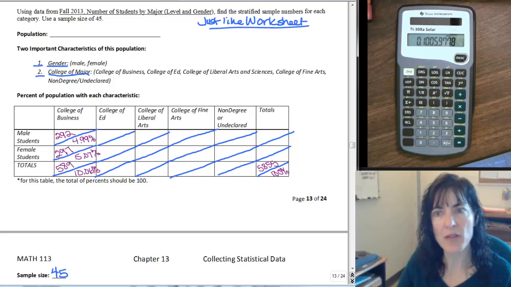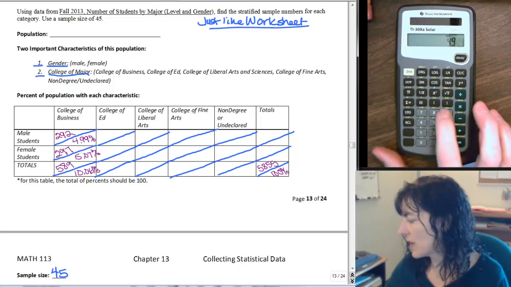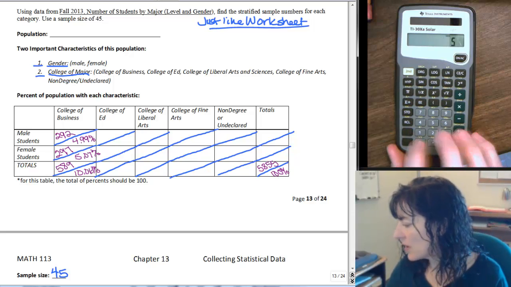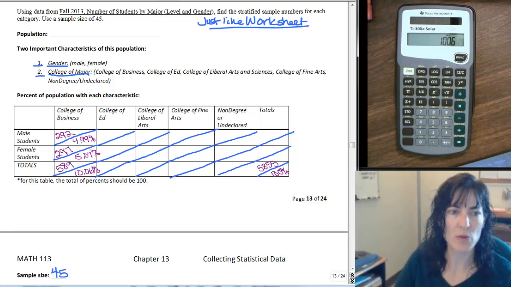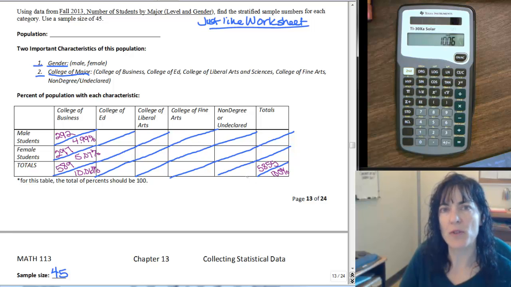Now I want to add those up and make sure that I'm really close. So 4.99 plus 5.07 equals 10.06. So those are adding up so far. That's good. So I'll follow this same process for College of Ed, for College of Liberal Arts, for College of Fine Arts, and for non-degree/undeclared students.